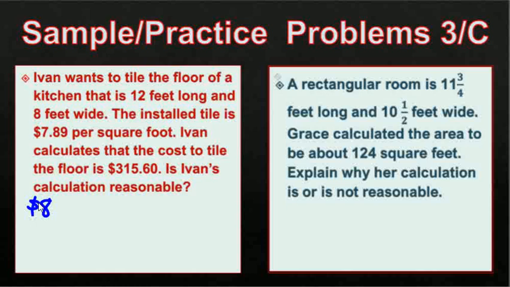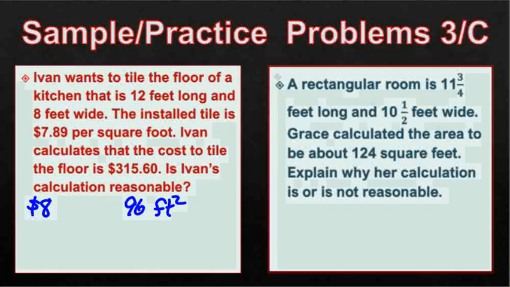And how many square feet is the floor? We would take 12 times 8. 12 times 8 would give you 96. So you got 96 square feet. And so if we have $8 per square foot, we would do 8 times 96.